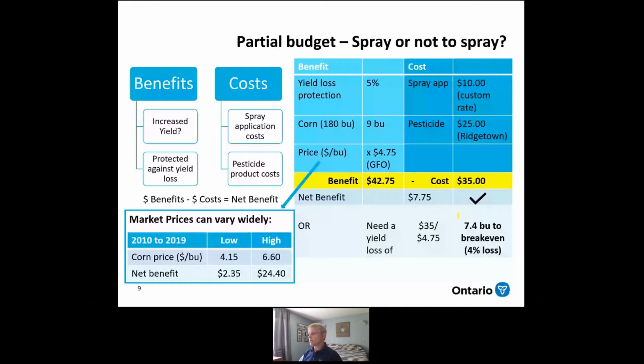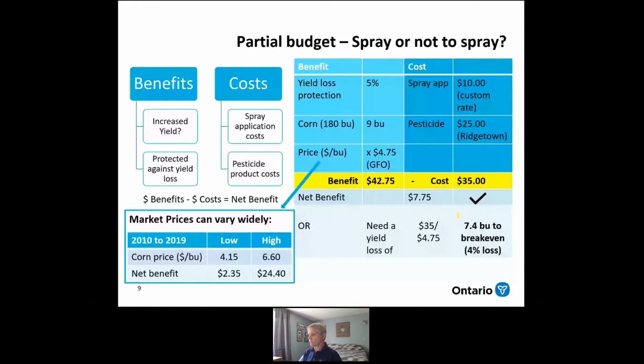So this is just to highlight the fact that market prices are going to be a big determining factor, and it's something you want to be mindful of when you're looking at yield protection. The incentive to protect yields at high market prices is certainly higher than at lower prices, because that threshold just becomes a little more attractive on the high side than on the low side.